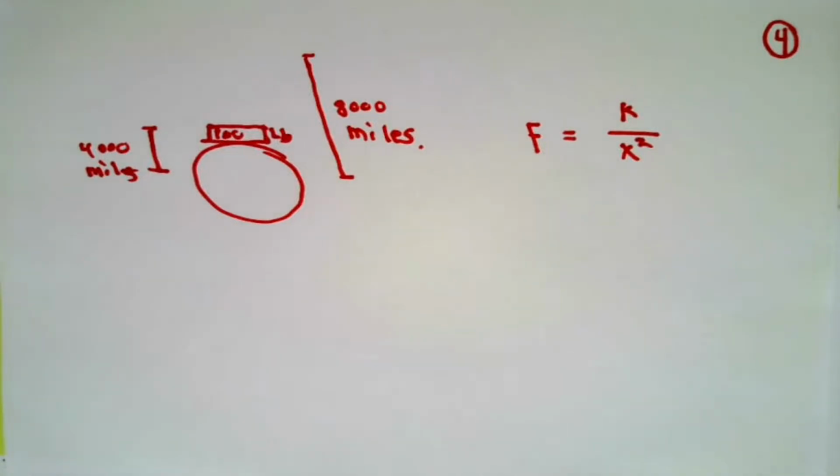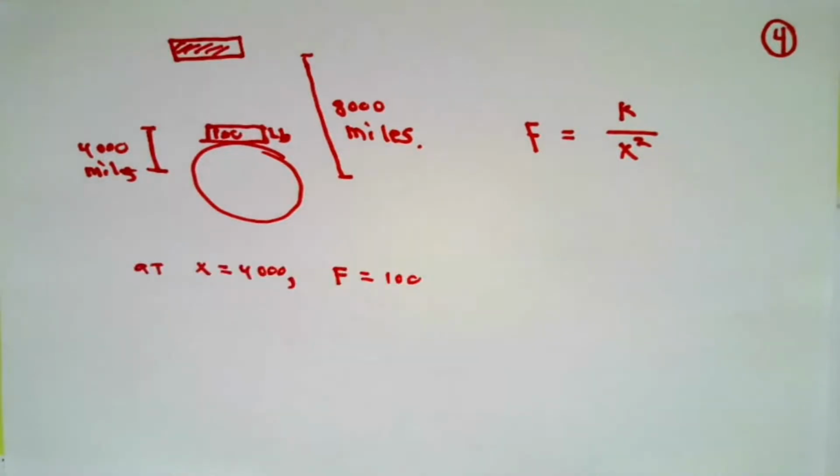I want to think about two questions. Firstly, what is the object going to weigh at the 8,000 mile distance, and how much work was required to move it there? At x equals 4,000, the force is 100. I have to keep in mind my distances are in miles and my weight or force is in pounds. This is very similar to what went on with Hooke's law.